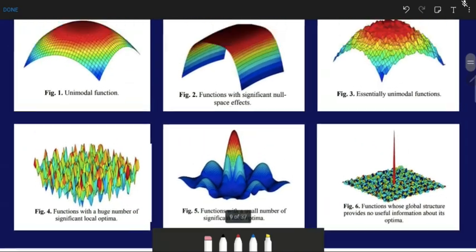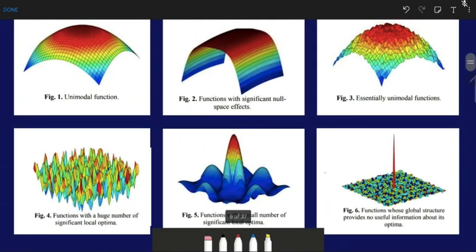Some graphs. Okay, unimodal. Function with significant null space effects. Essentially unimodal functions. Functions with a huge number of significant local optima. Function with a small number of significant local optima.